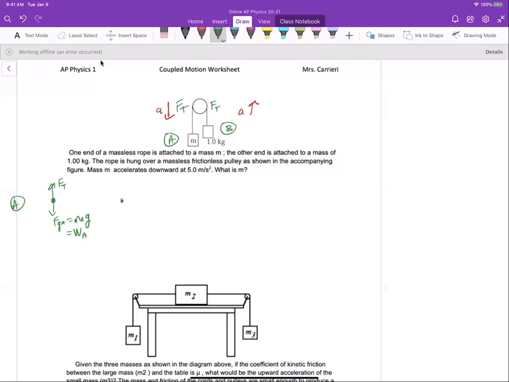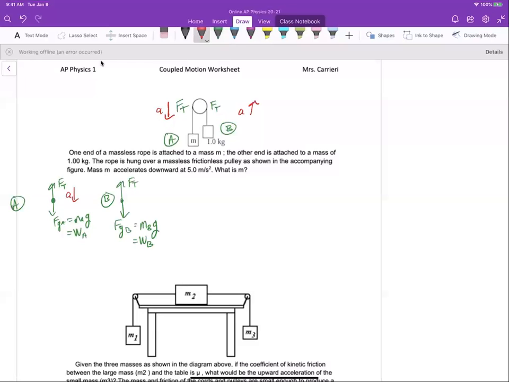Free body diagram on B. Up is Ft, down is the force of gravity on object B, which is equal to the mass of B times the acceleration due to gravity, which is the same as the weight of B. This is my free body diagram on B.